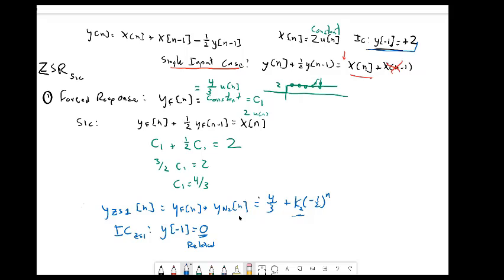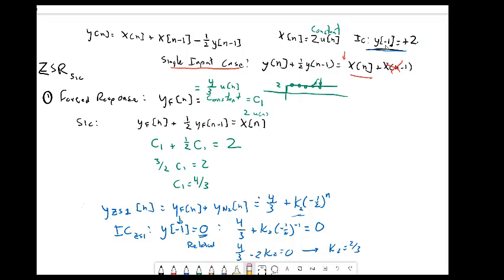So using that, let's plug in n equals -1 to our zero state response equation, set it equal to this value, and solve for k. So we get 4/3 plus k2 times (-1/2) to the -1 has to equal 0. So that's 4/3 minus 2k2 equals 0, which leads us to k2 equals 4/6 or 2/3.